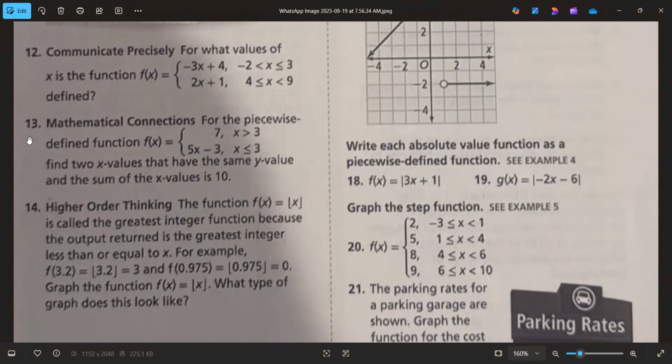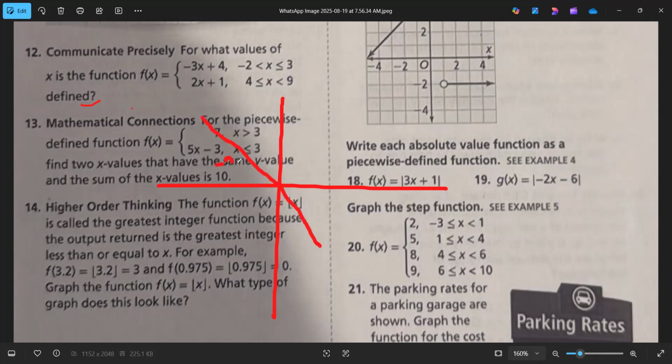Basically you have to tell the domain of the function. So if you plot the diagram, what will you get? This is minus 3x, plus 4.